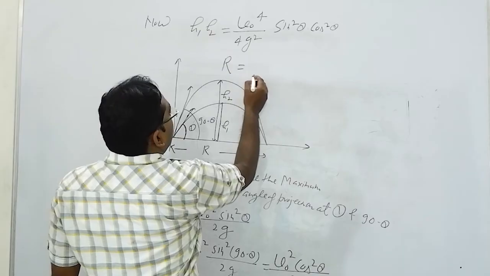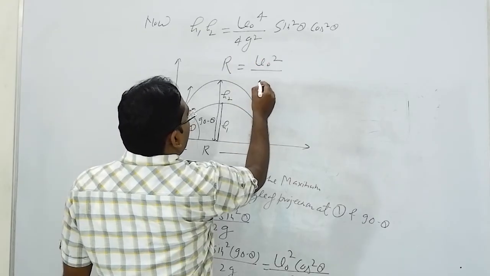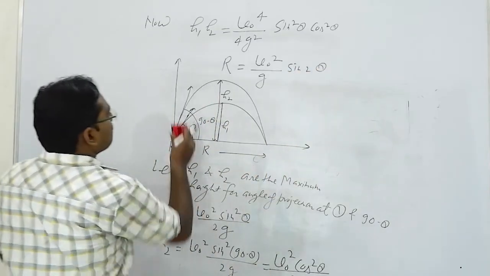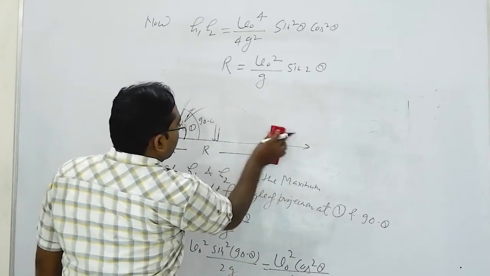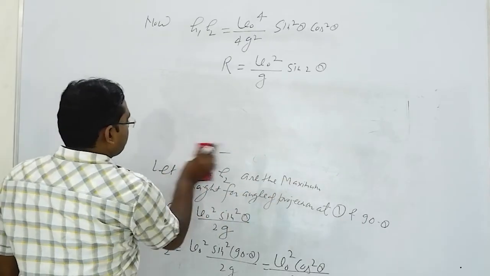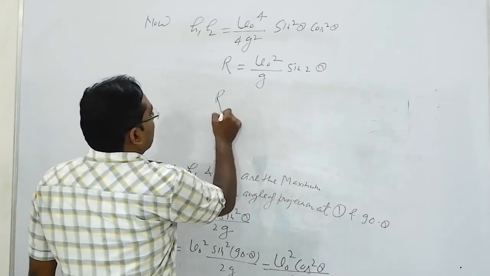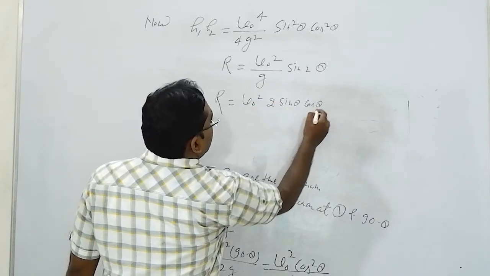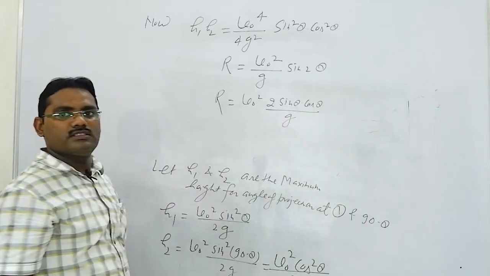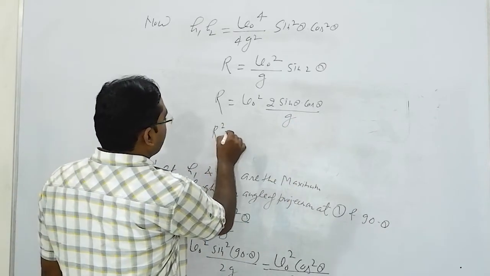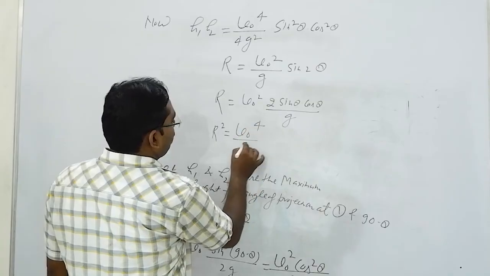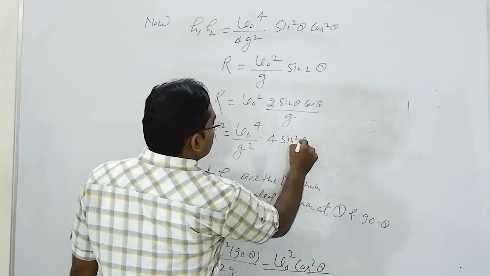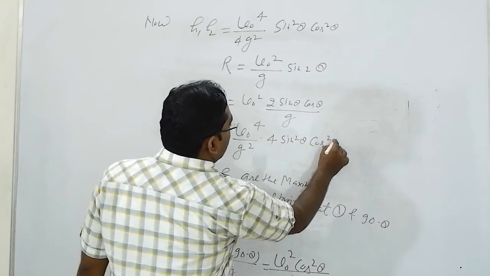Now range is equal to v naught square by g sin 2 theta, and it is also written as R is equal to v naught square 2 sin theta cos theta divided by g. Now we take R square, v naught power 4 divided by g square, here 4 sin square theta into cos square theta.